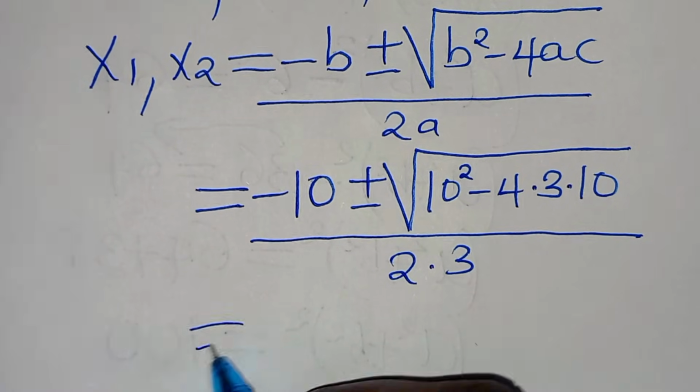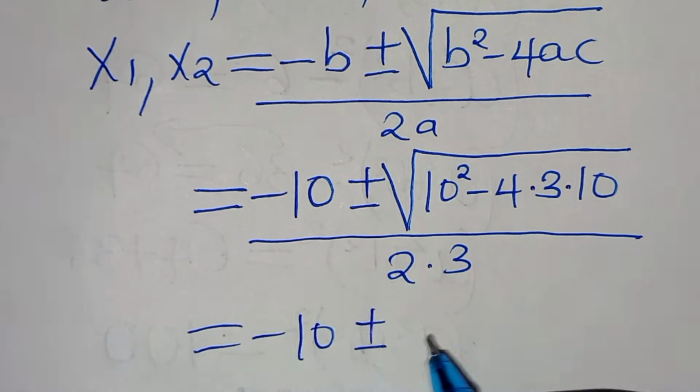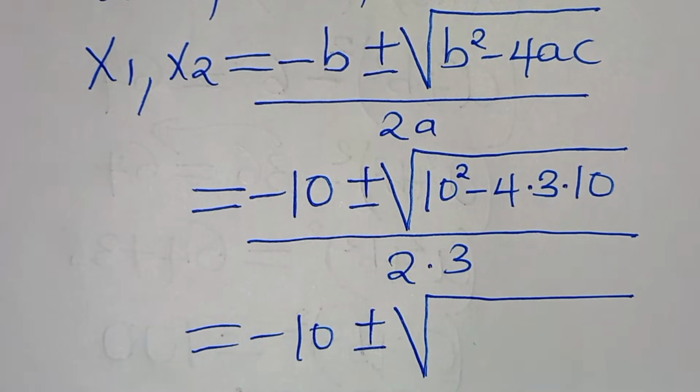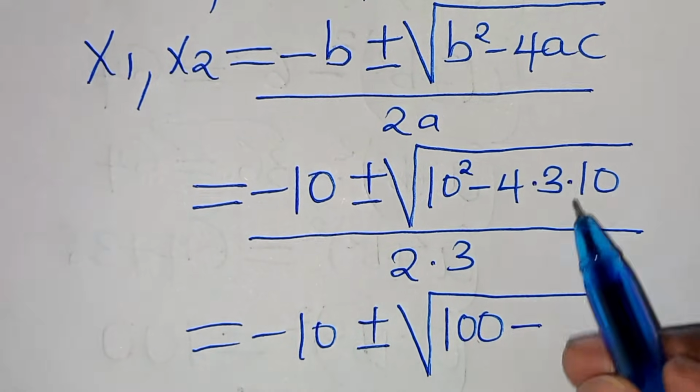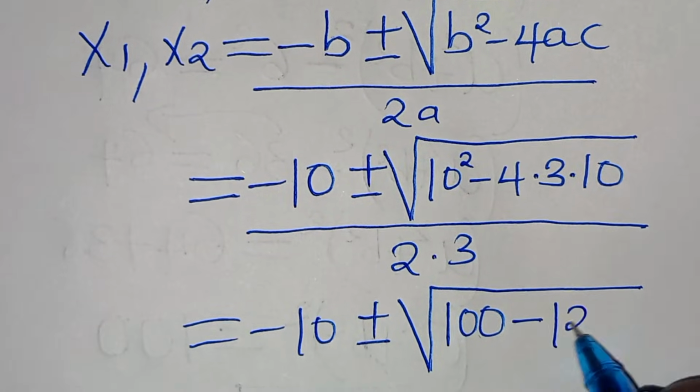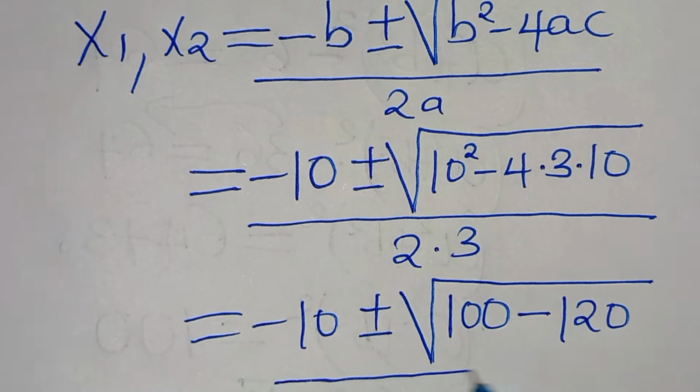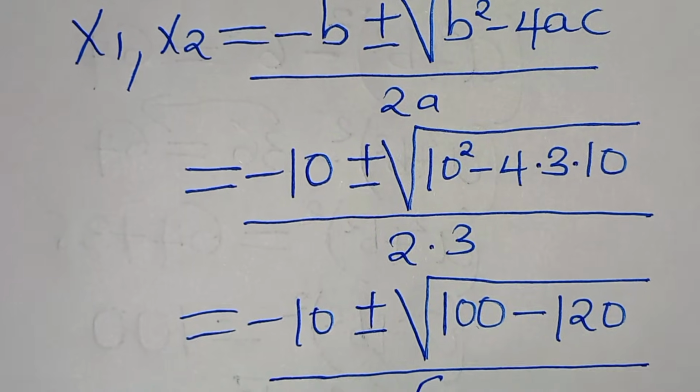So therefore here we have minus 10 plus or minus the square root of 10 squared, this is 100, minus 4 times 3, this is 12, times 10, this is 120. Everything here divided by 6.